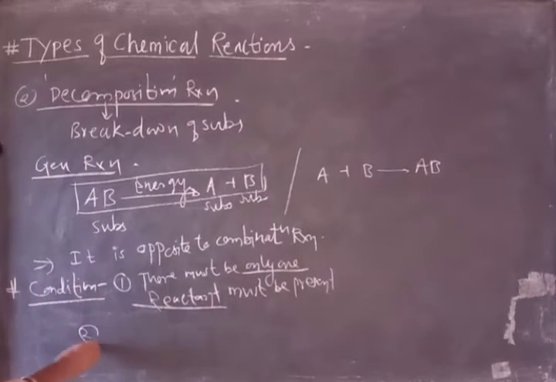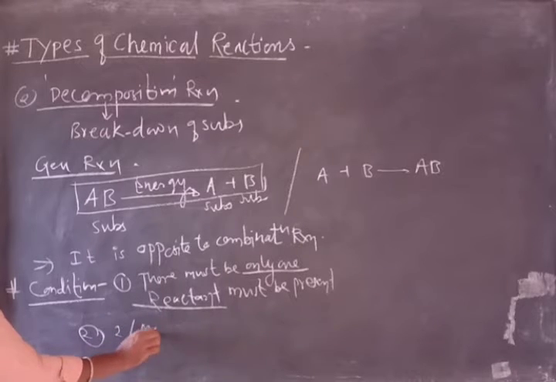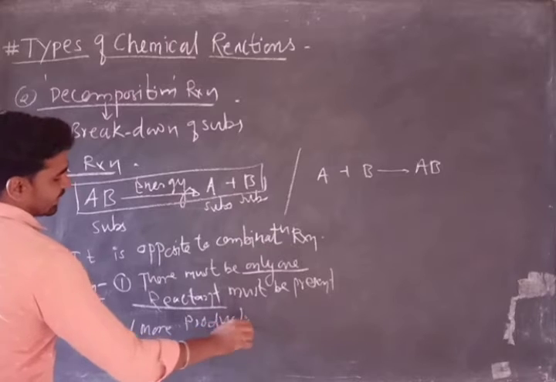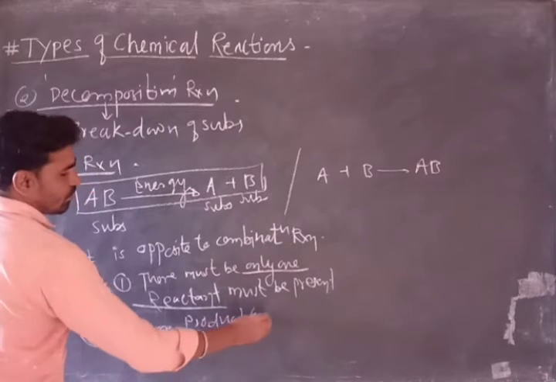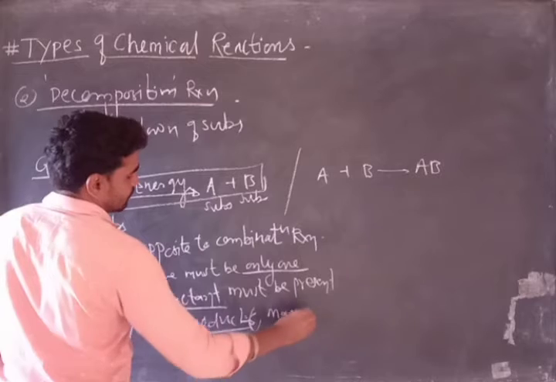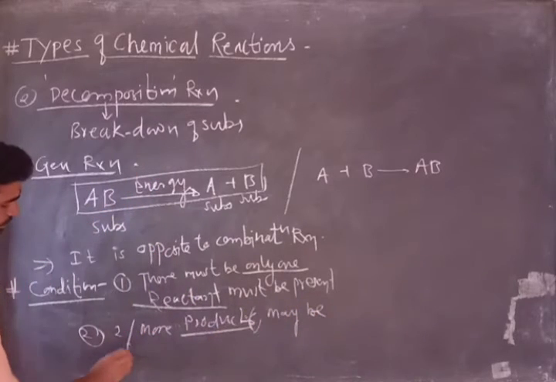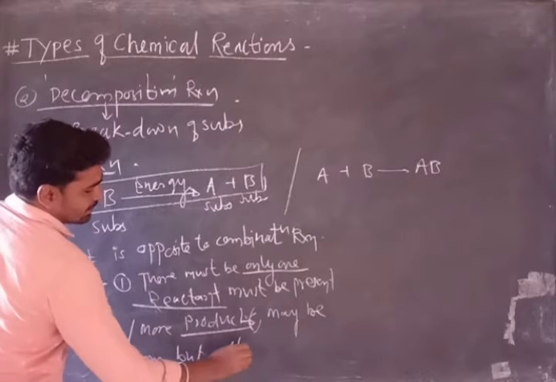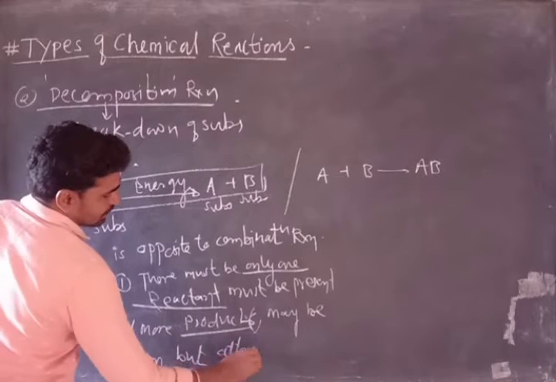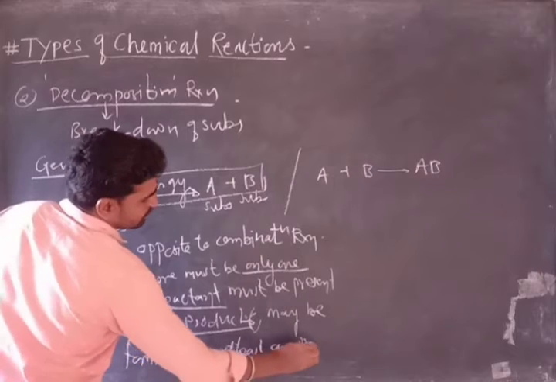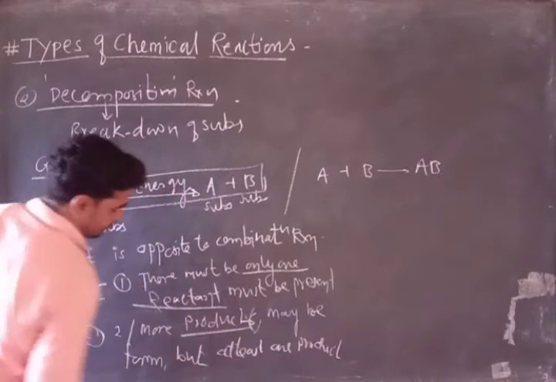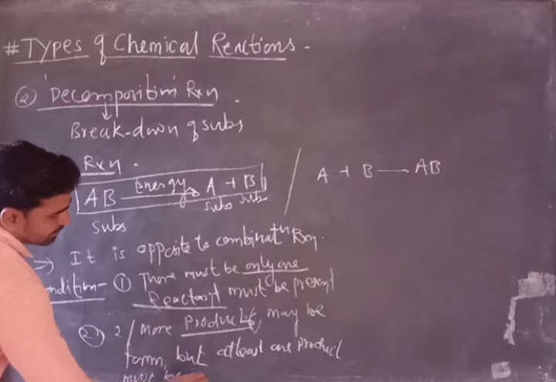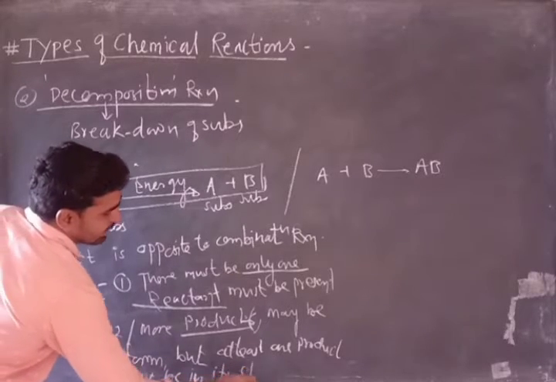And the second thing, two or more new substances, that is products, may be formed, but at least one product must be in its elemental state.